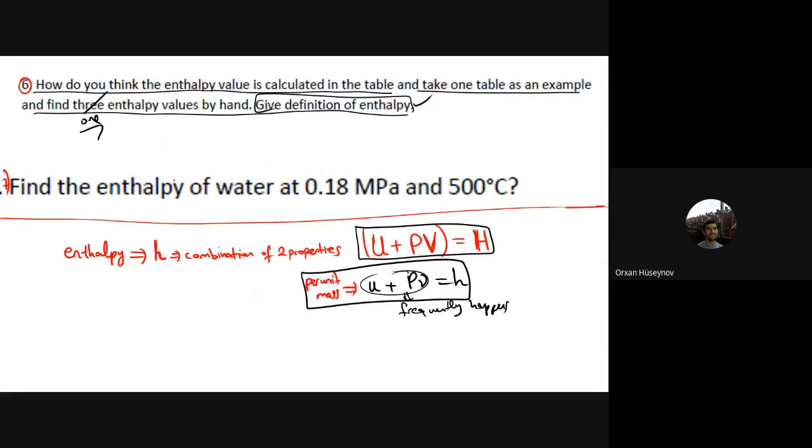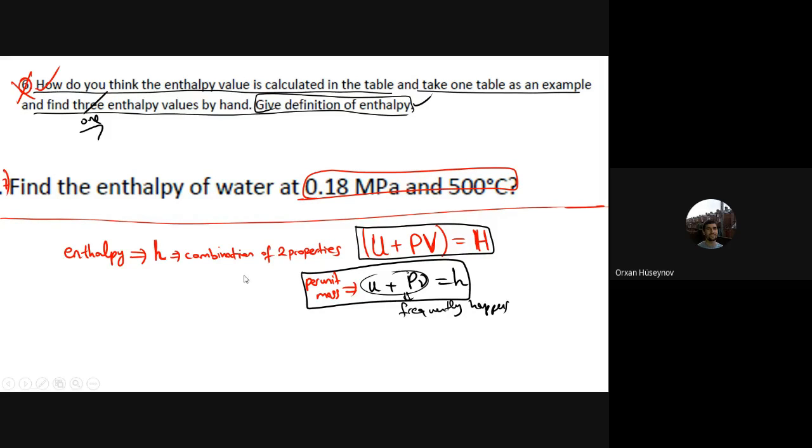Find the enthalpy of water at 0.18 megapascals and 500 degrees Celsius. Let's do this part. We have done the question number 6. Now the question is for that one. How can you do?